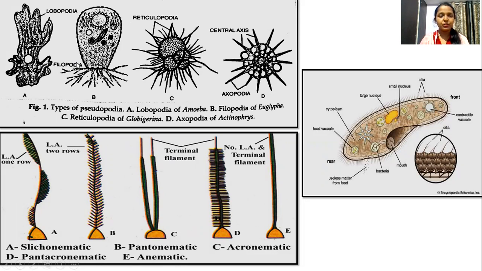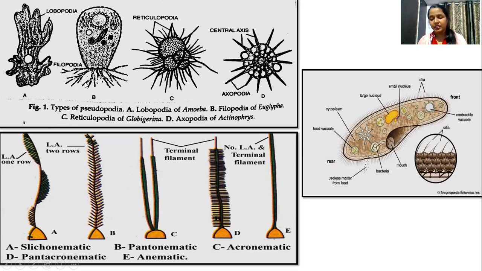Next comes the filopodia. Filopodia are fine thread-like structures, usually with rounded ends at the tip. These are sometimes branched, along with having finger-like fine structures. They are branched somewhere sometimes, see, this is how they will be branched.